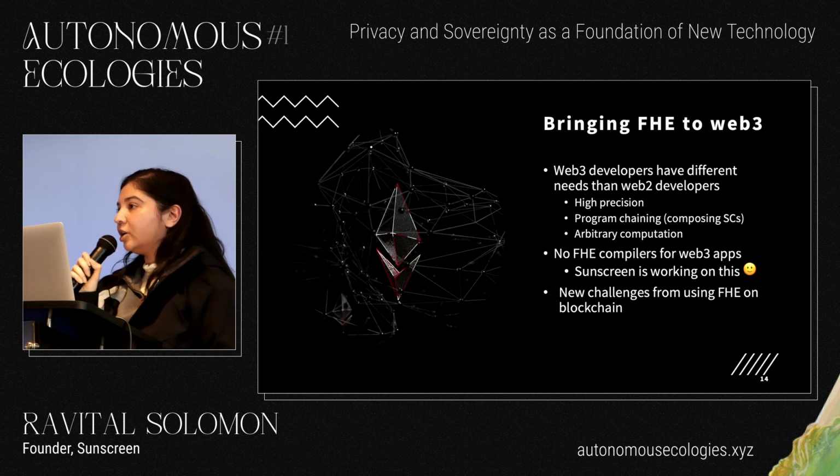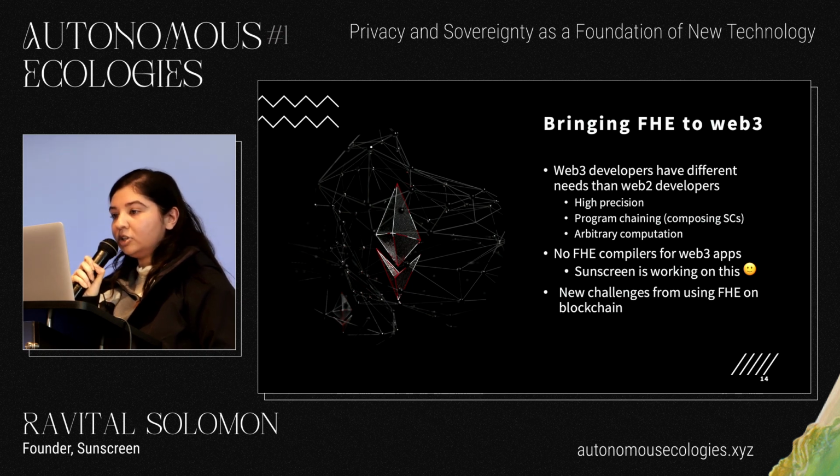We've talked a little bit about general challenges in making FHE work for both Web 2 and Web 3, but it turns out bringing FHE to Web 3 is a lot harder. So to start us off, let's talk about what kinds of needs Web3 developers have. We certainly need to work with a scheme that offers high precision. It will not be okay in most use cases to say someone's lost 1 ETH because we've lost precision.